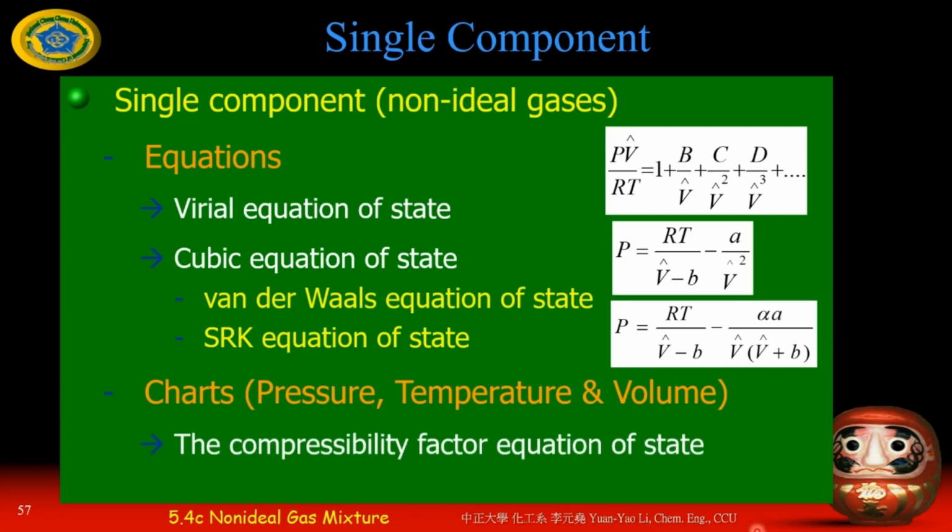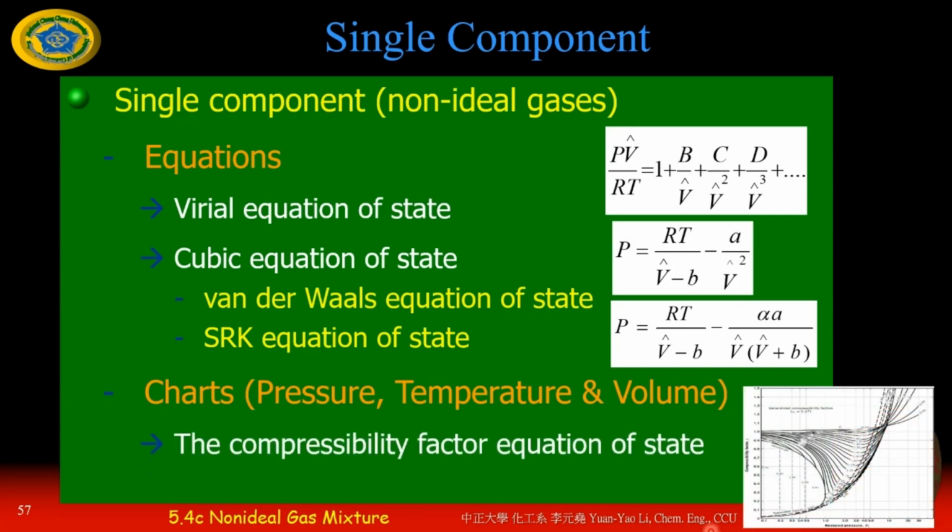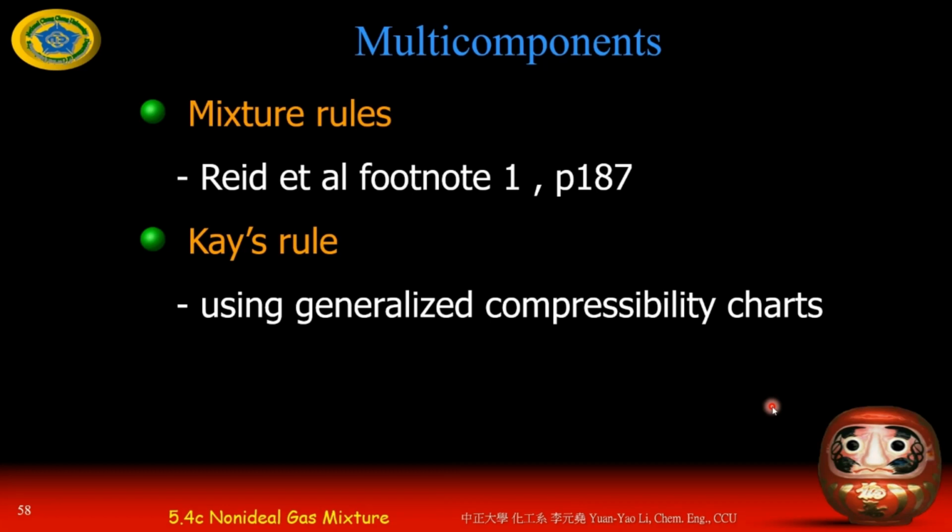And we also introduced the compressibility factor equation of state, right? PV equal to Z nRT, sorry, PV equal to Z nRT. So this is a compressibility chart. And you need to find out Z here.